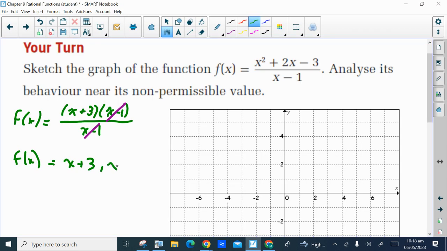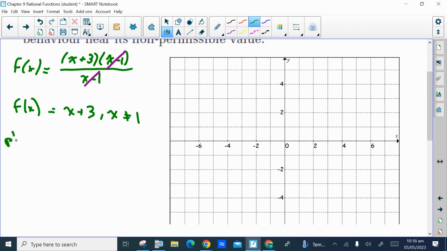But we have to observe the same restriction from the original. x cannot equal 1. And because that factor of x minus 1 canceled, that means that at x equals 1, there will be a point of discontinuity. And we can find out what the y value there is by finding f at 1 in the simplified expression.